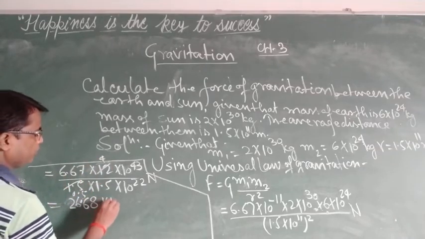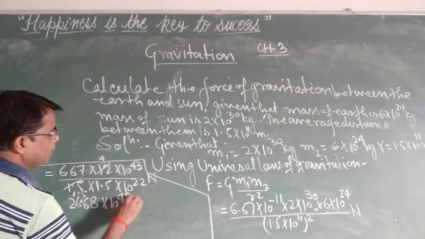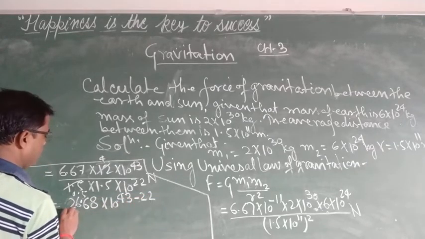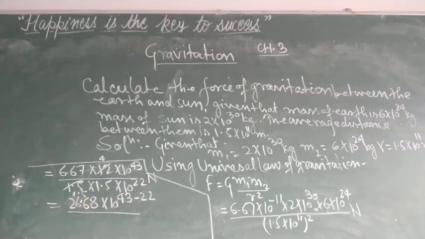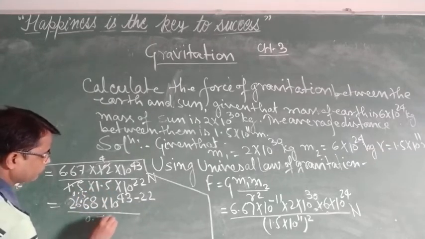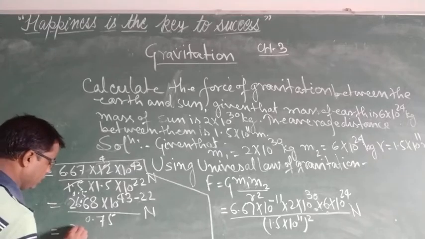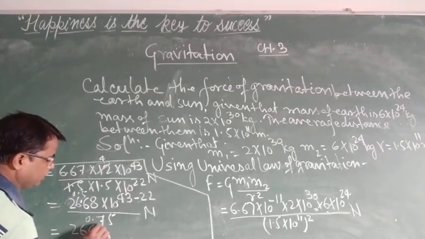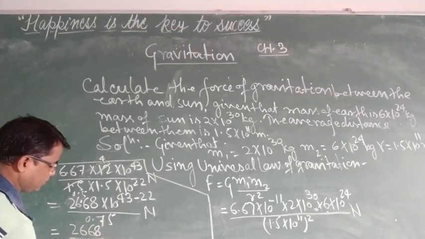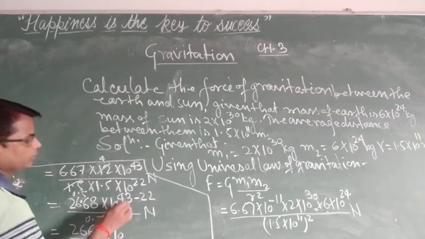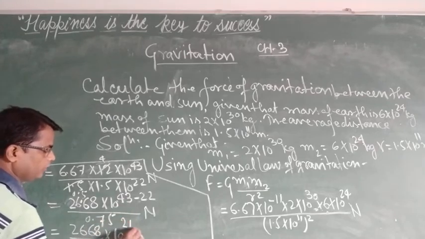Into 10 to the power 43 minus 22 upon 0.75 Newton. Then we will get this. If we change the decimal, then we can write 26.68 by 75 into 10 to the power 3 minus 2, that is 2 Newton.